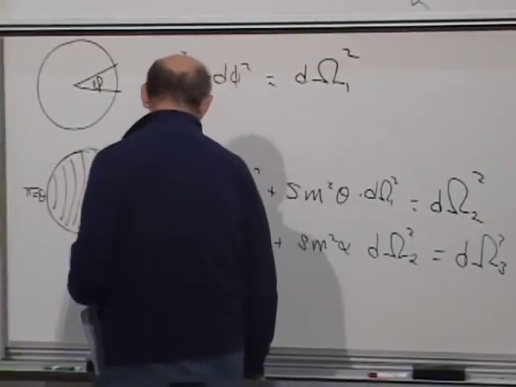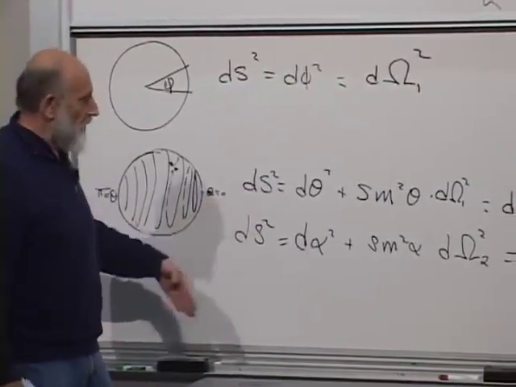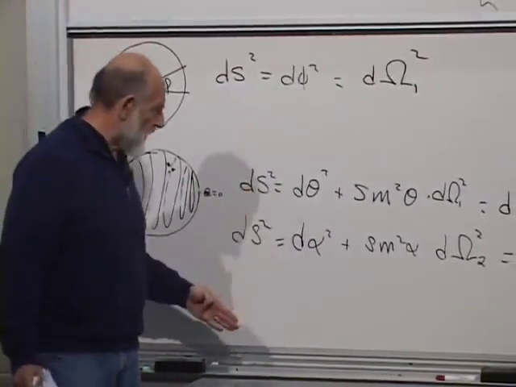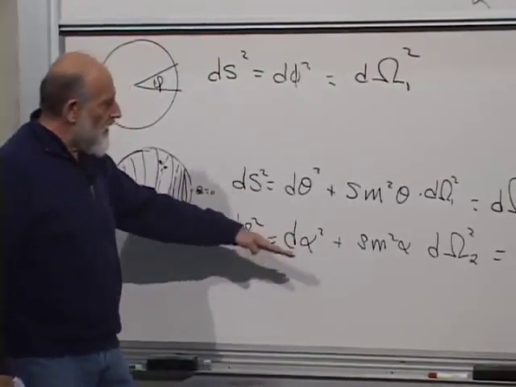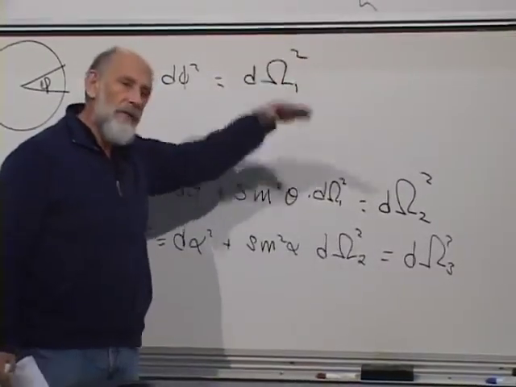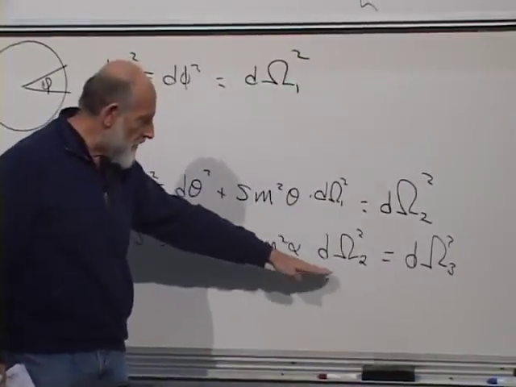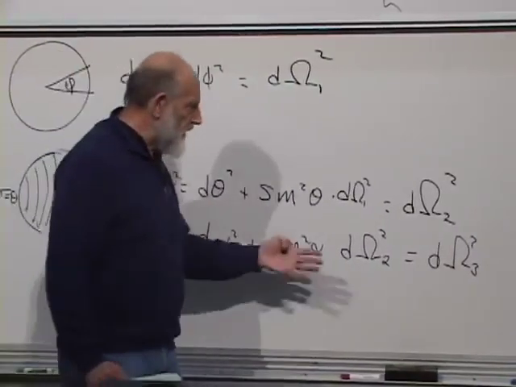The general answer is, if you want the d sphere, for example, the 4-sphere, we just write the same thing, d alpha squared plus sine squared alpha times the metric of the unit 3-sphere. And so by induction, we can go to the metric of any dimensional sphere.